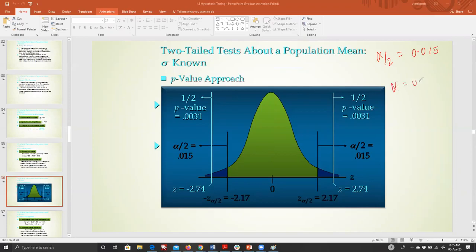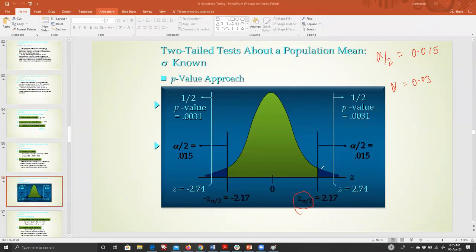But if alpha is 0.03, then alpha by 2 is 0.015 because you are dealing with a two-tail problem. I was talking about alpha. Again, we have to take Z alpha by 2, not Z alpha, because it is a two-tail problem, right?